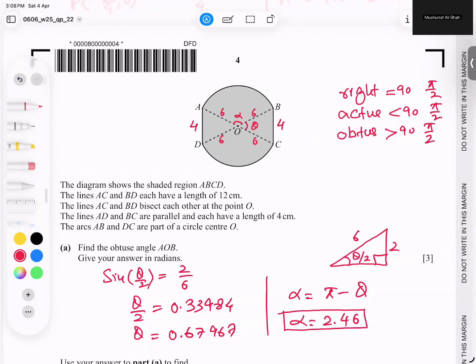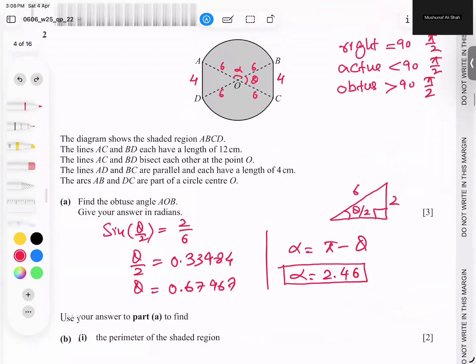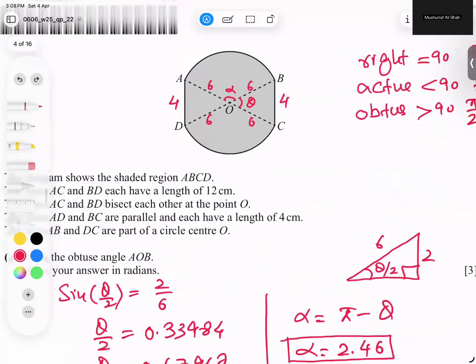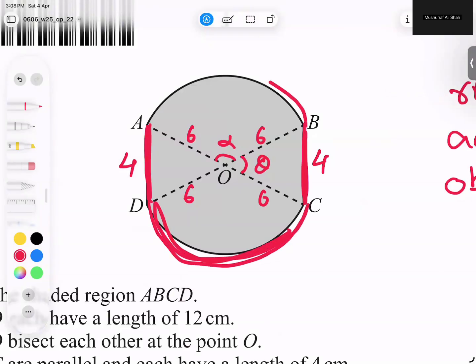So let's talk about the next part. He's asking for the perimeter of the shaded part. So use the answer in part A, whatever we got. We have to go for the perimeter of the shaded part. First, the plan. So what is the perimeter? Let me start from A. This 4 I will cover, then BD I will cover, then this arc length and this arc length.